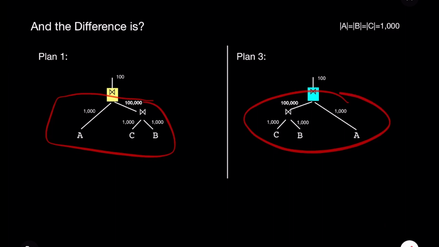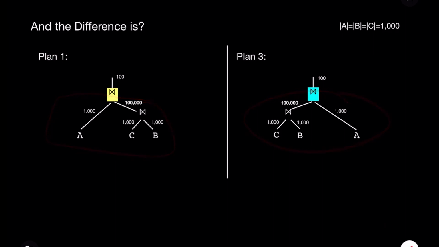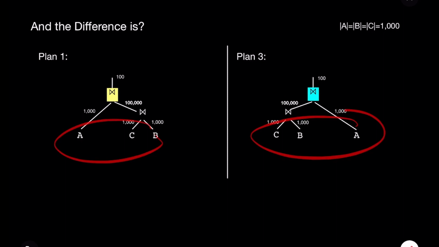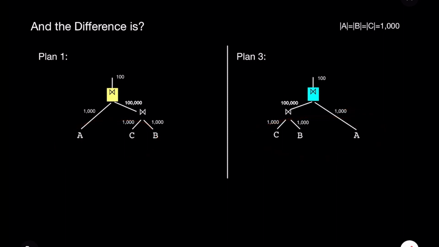But as I enumerate all possible labelings for those relations, I will once have this on the left, this on the right, but both are semantically saying: whatever you do, I first join C and B, and then I use those as an input for the next join with A. So that's the same plan. I counted them twice. Do you see that?